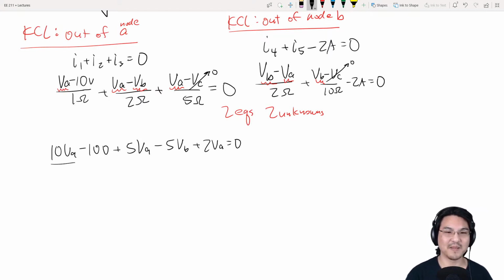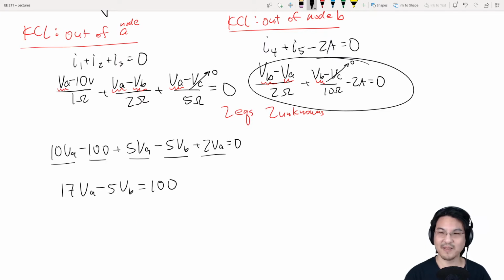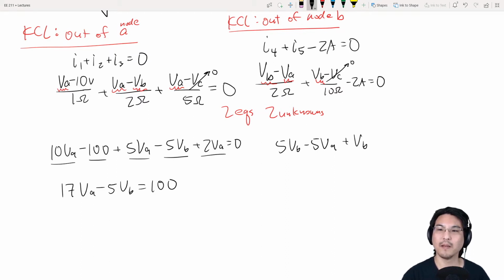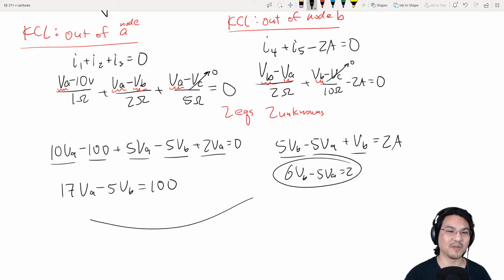So I got 10 and 5 and 2, so 17. And then this and this, I'll move to the other side. Now this equation, common factor, also times 10. Then I'll gather this and this, so that's 6. Let me write this over here next to the other one.